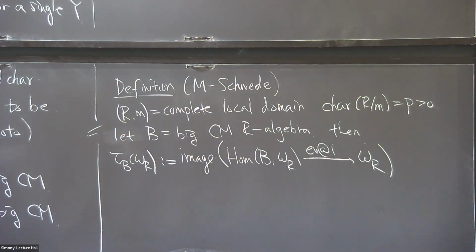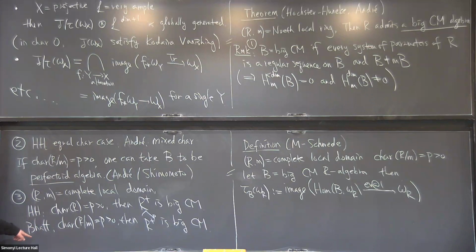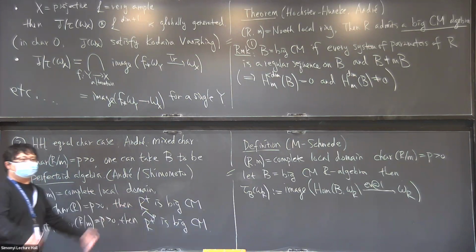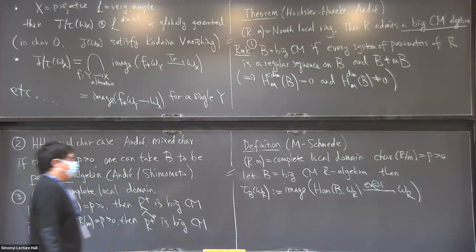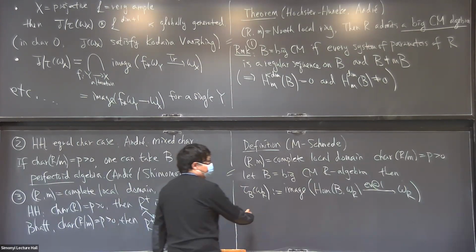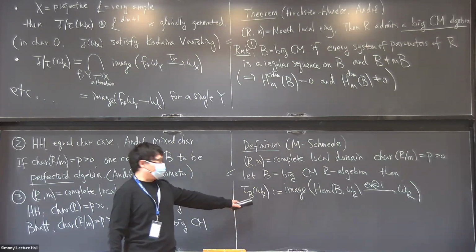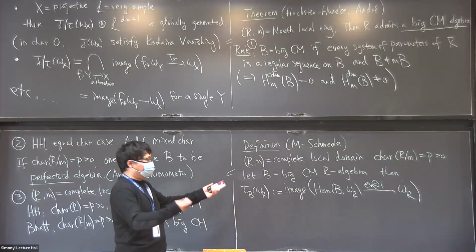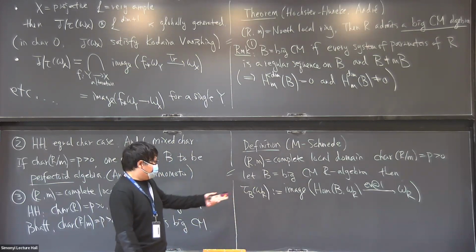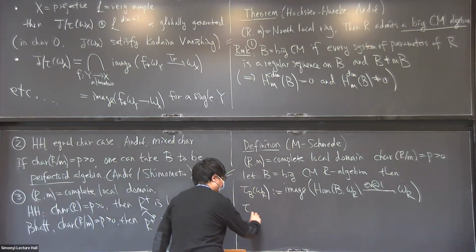All right, and so it depends on the choice of B, but we can also make it sort of not really depend on B. For example, you can use Hochster-Huneke's or Bhargav's result. So you use this explicit B, but that sort of does not depend on B. Another way you can do it is to manually make it canonical. Let me just introduce this.